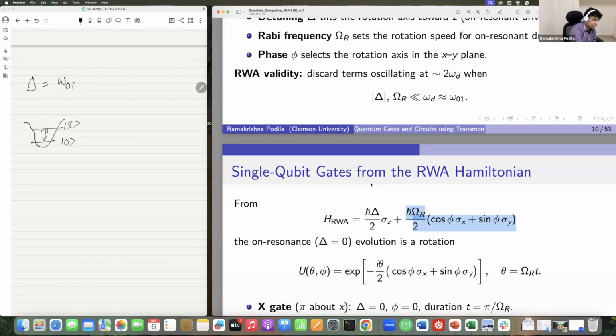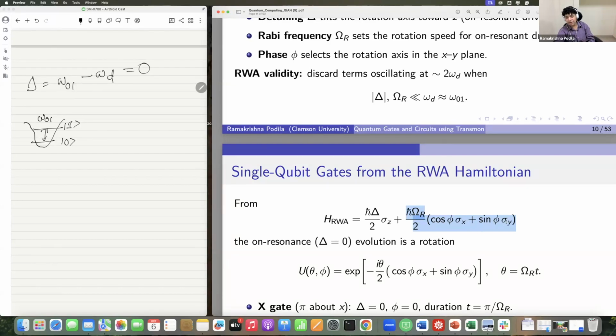The energy difference is omega 0,1, and we're driving it with a microwave of frequency omega d. So on resonance this is 0. That is, our applied microwave frequency is equal to the difference between the 0th level and the first level, right? And the way it varies is given by this cosine phi. That is some angle, right?